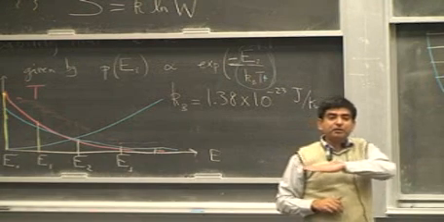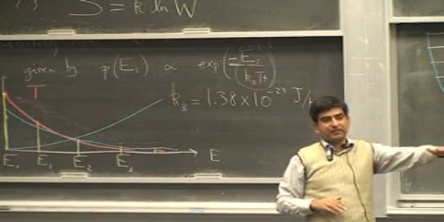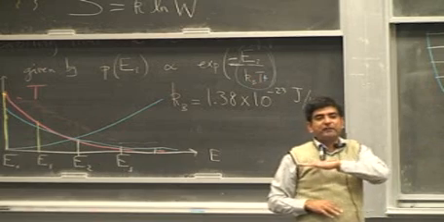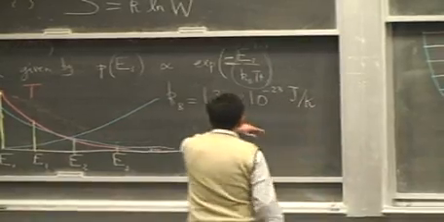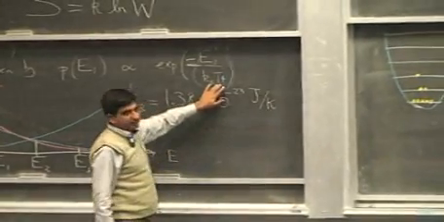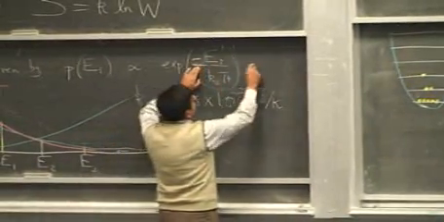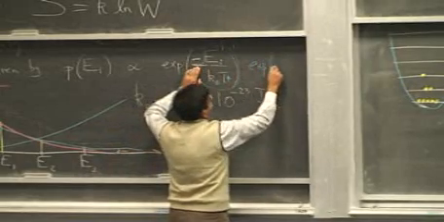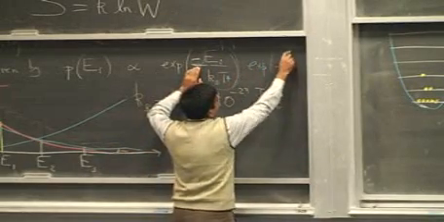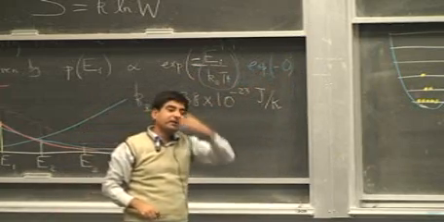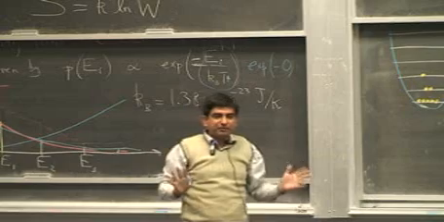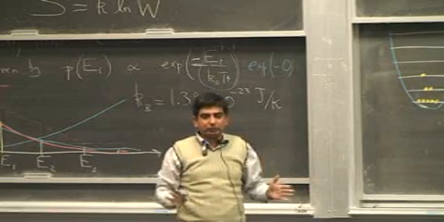It's going to be an equal probability distribution. All of the levels will have equal likelihood of being populated. If this temperature T goes to infinity, exponent minus 1 over infinity is 0, which is 1. So there's equal probability. Each probability is proportional to 1, which means that each probability is equal.